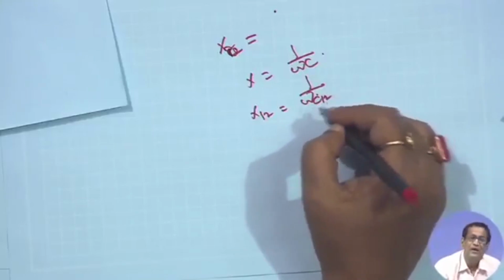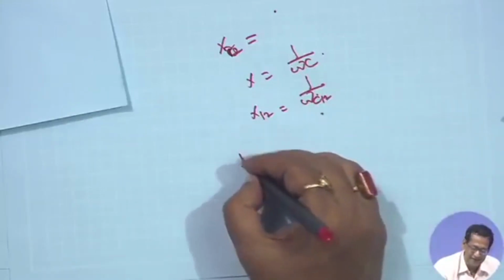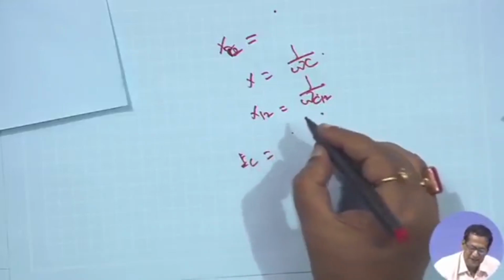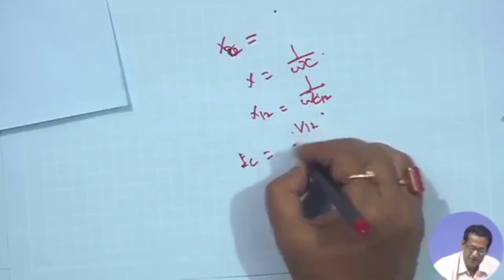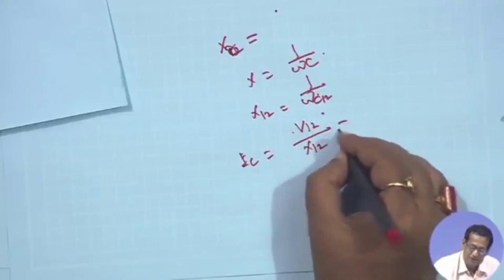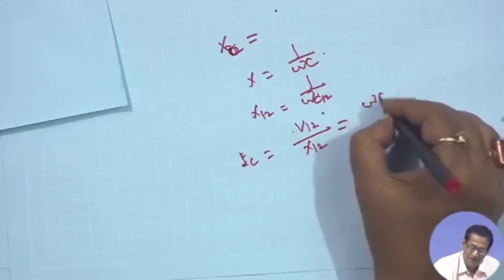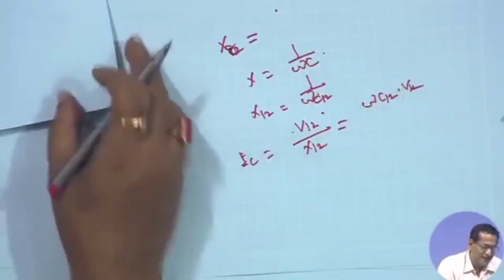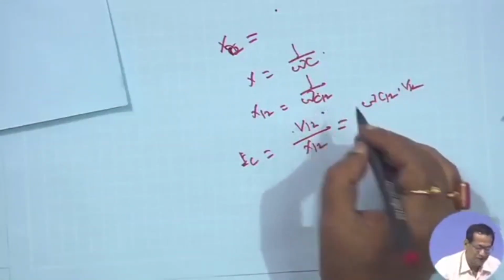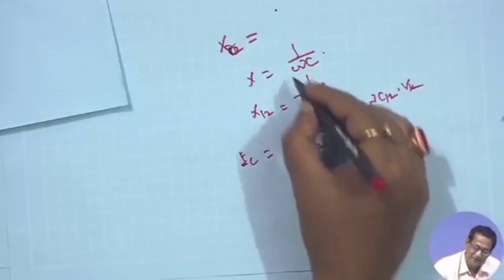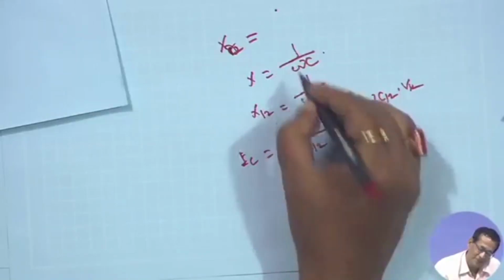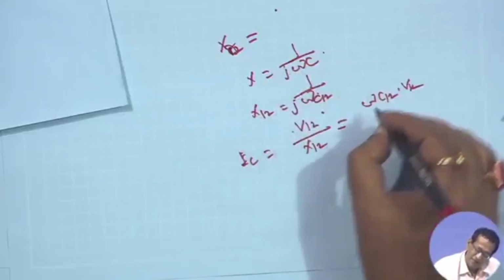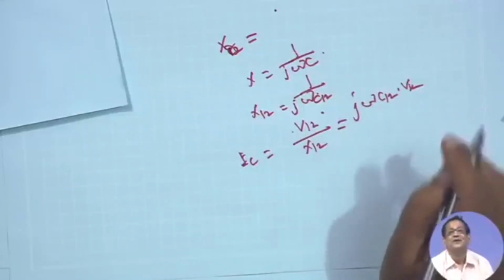Therefore, the charging current Ic is voltage V12 divided by x12, which is omega C12 into V12, but as it is a capacitance, instead of magnitude here you put j.